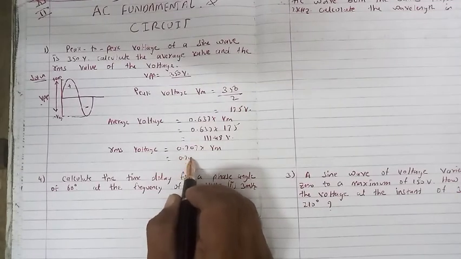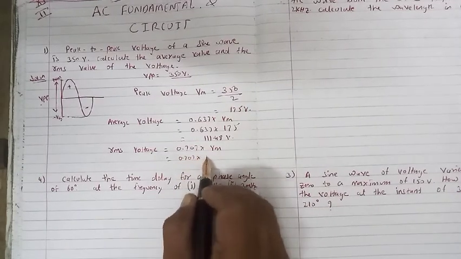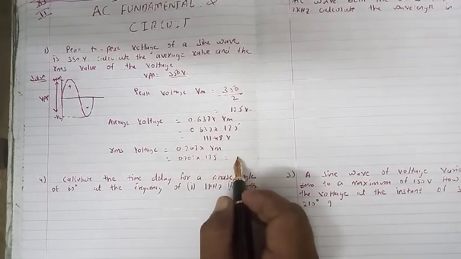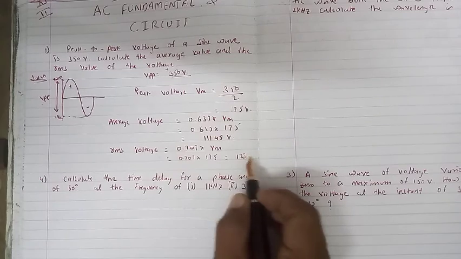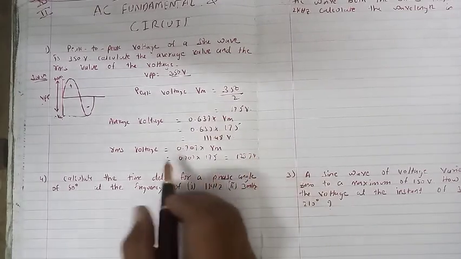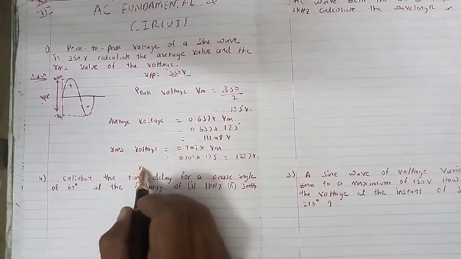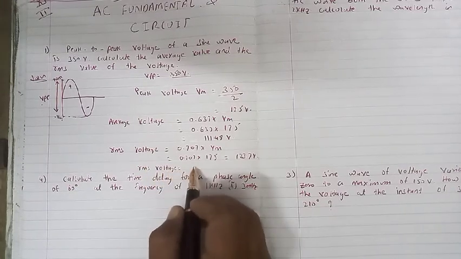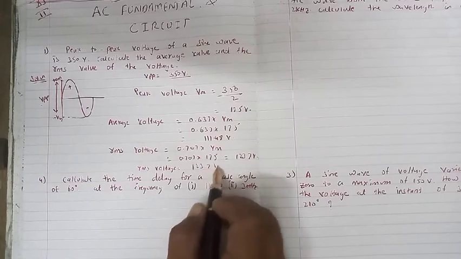So 0.707 multiplied by 175, at the end you get the answer 123.7 volt. Mark it in a box so that it gets highlighted. RMS voltage is equal to 123.7 volt.